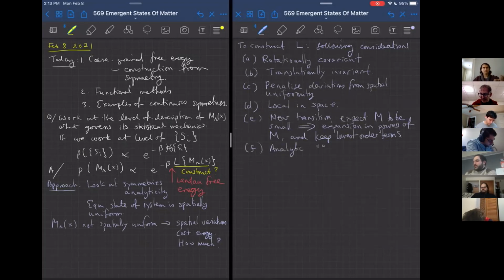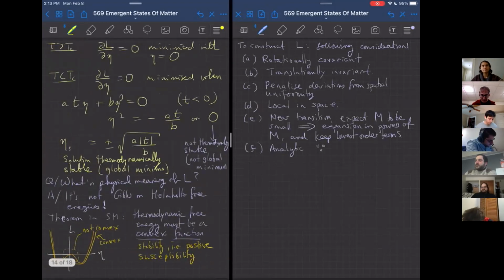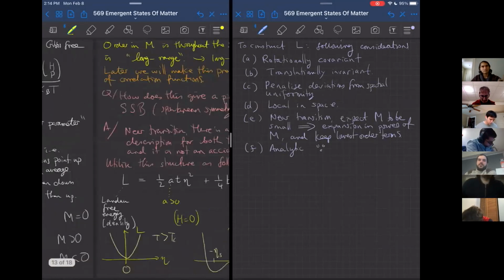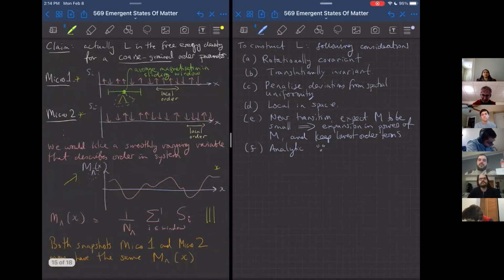And the reason it should be analytic is because when we constructed the coarse-grained order parameter, here is the formula for that over here. You can see that what we're doing is we're summing over the spins that are within this sliding window.